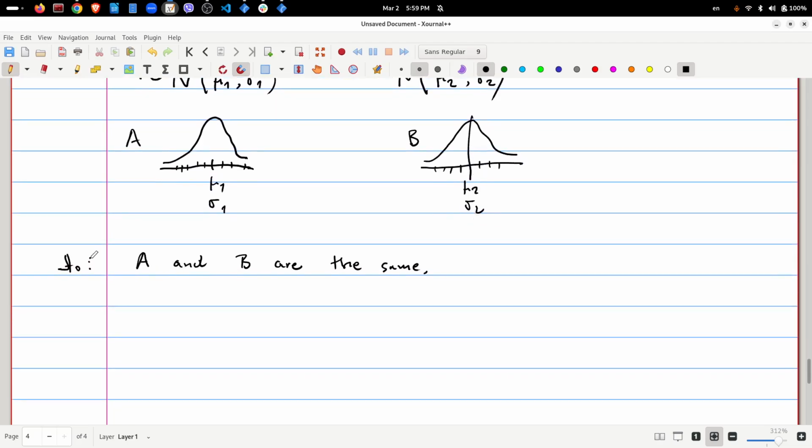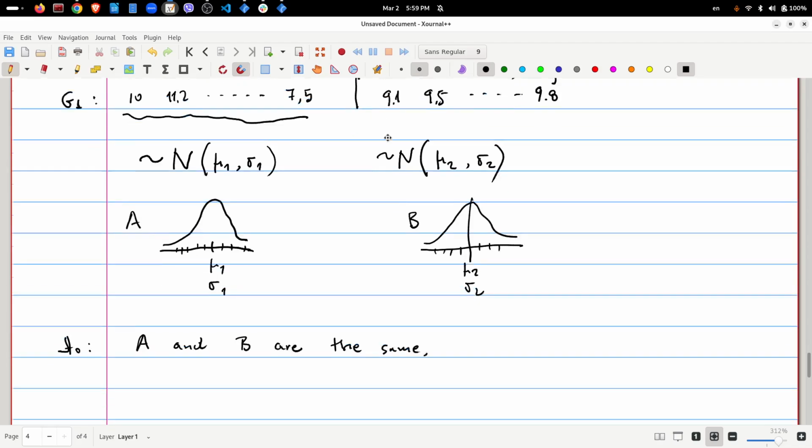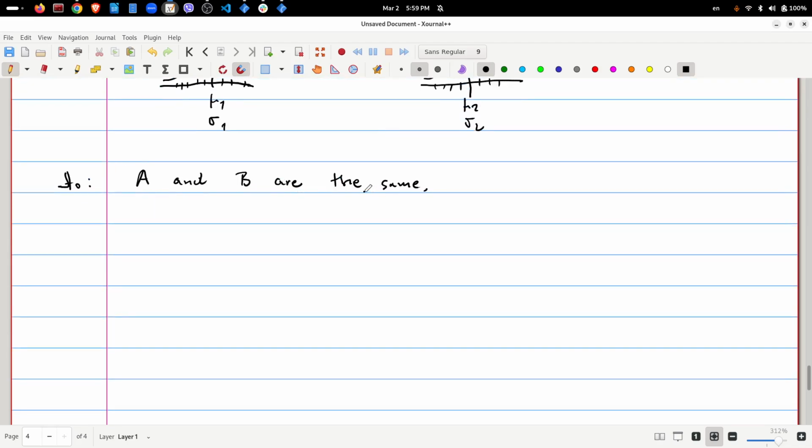So if the null hypothesis holds, then in principle the disease does not affect the expression level of the genes, or vice versa, the difference in expression level of the gene does not cause the disease. So there is no relation between the expression level and the state of the individuals, if these A and B are the same.